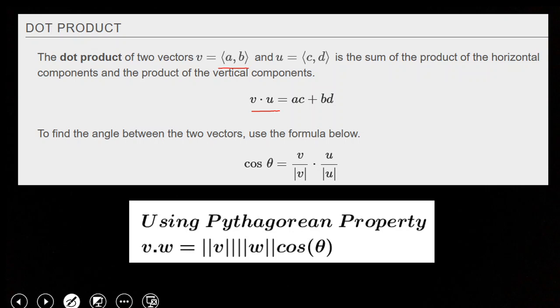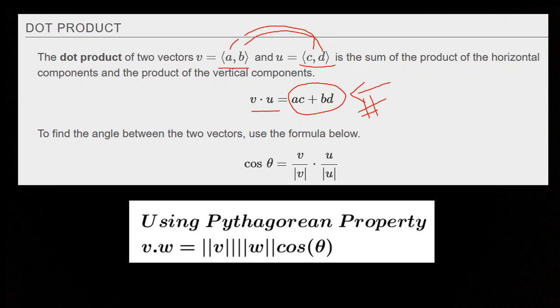If you have two vectors in component forms, just multiply the components and add them. So the dot product, the result, is not a vector, but is a number. Now, what it means in different fields has many applications, but for now we just want to understand how to do this operation, dot product.